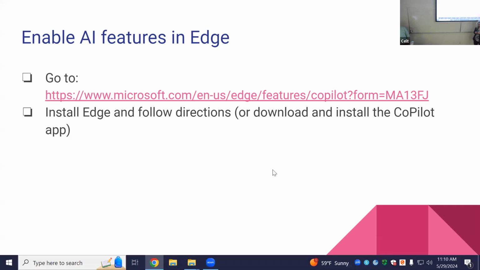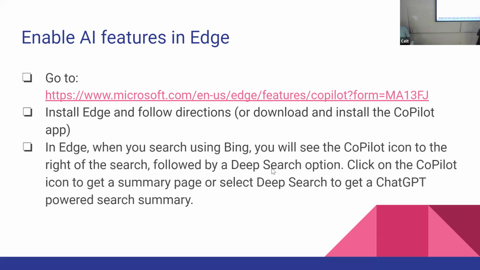Okay, now, if you're in Edge and you do a search using Bing, which is Microsoft's search engine, you'll see the Copilot icon to the right of the search, followed by a deep search option. If you just want a summary page of the sort that Google will give you automatically if you have the AI tools installed, this will give you the OpenAI version of that.